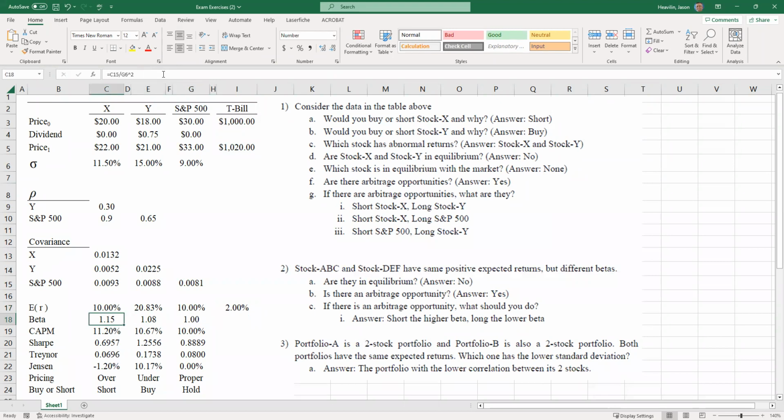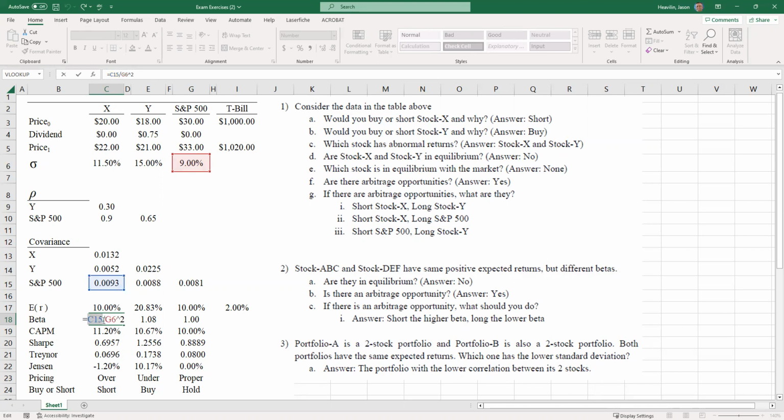Now, beta, there's a lot of ways to calculate it. The way we're going to follow for this is the S&P 500 covariance with X. Remember, that's the X. So we're looking for the beta of X. I should have said that first. Beta of X. So you take the covariance of the S&P 500 with X and you divide it by the variance of the S&P 500. Now, notice I said variance, not standard deviation.